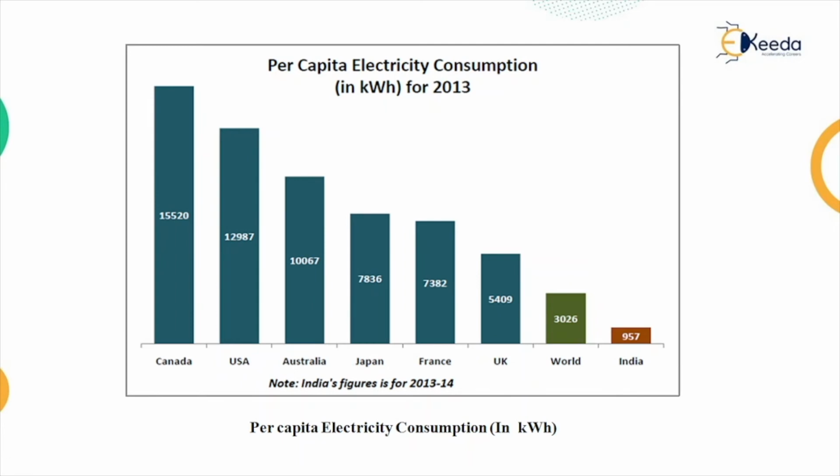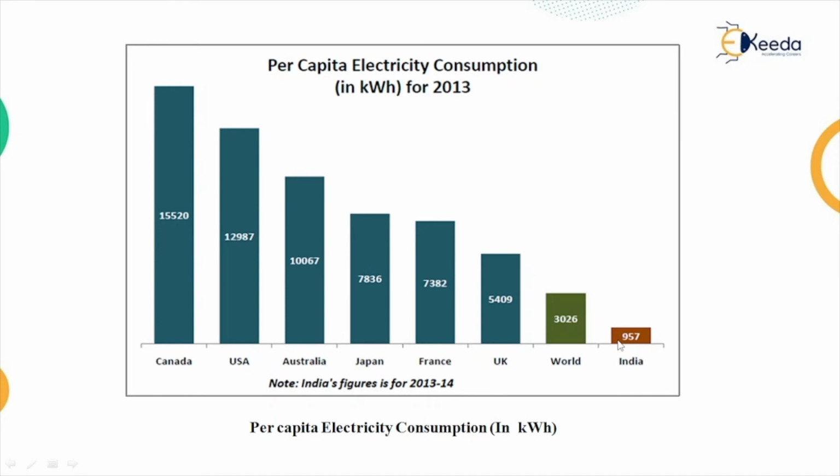As per 2013, Canada consumed about 15,520 kilowatt hours of energy in 13-14, followed by USA, then Australia, Japan, France, and UK, and then the average of the world, and then India has the lowest per capita energy consumption.